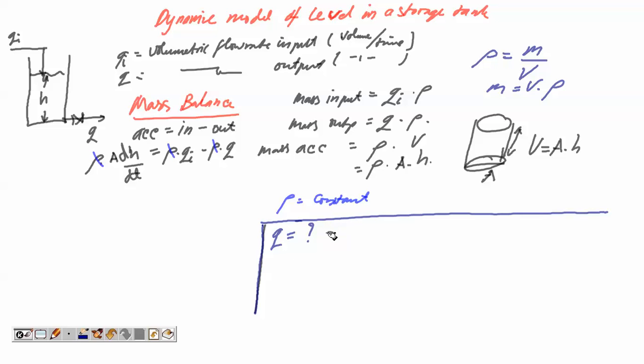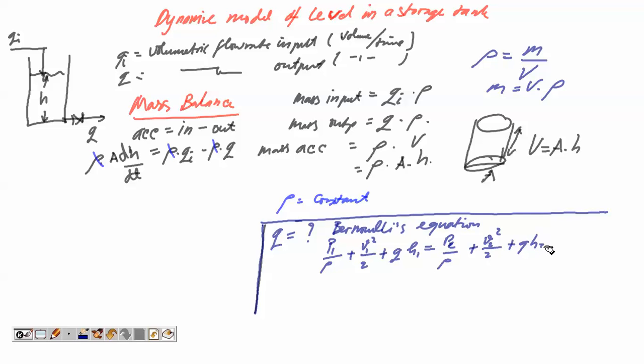From the Bernoulli equation: P1 over rho plus V1 squared over 2 plus g H1 is equal to P2 over rho plus V2 squared over 2 plus g H2.